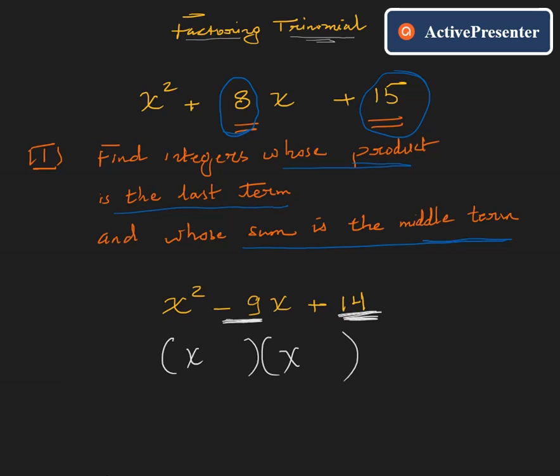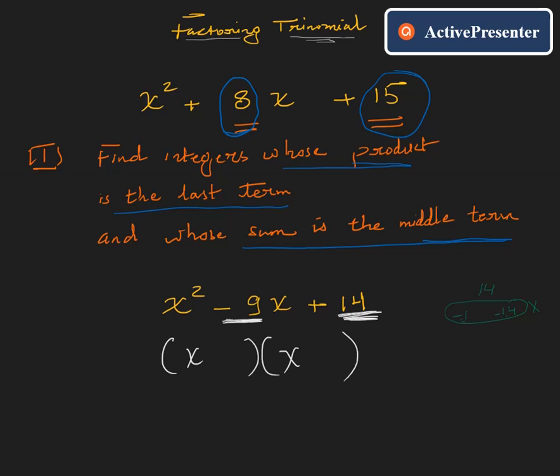If you try, we have 14. If you divide it by minus 1, it should be minus 14. If you multiply minus 1 by minus 14, it is 14, but adding them gives minus 15, so this will not give the middle term.